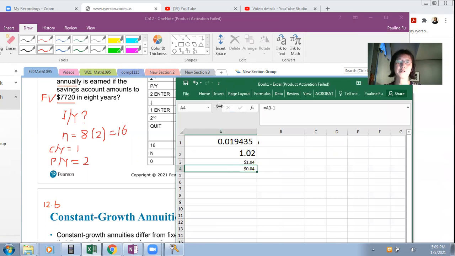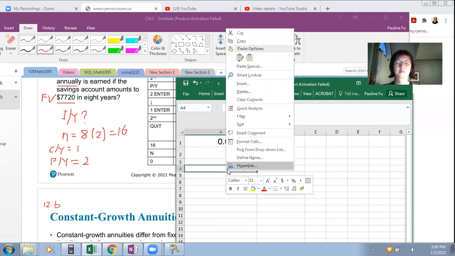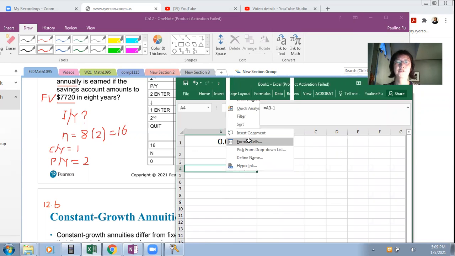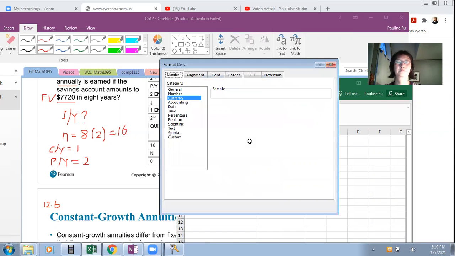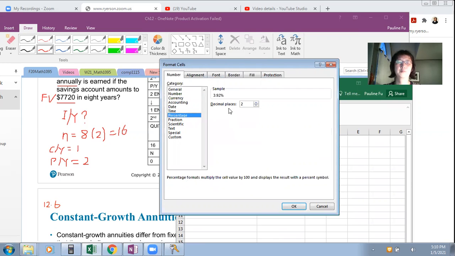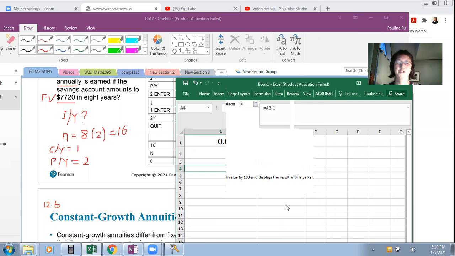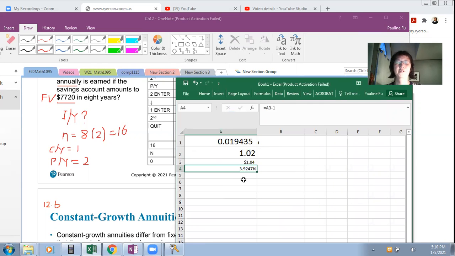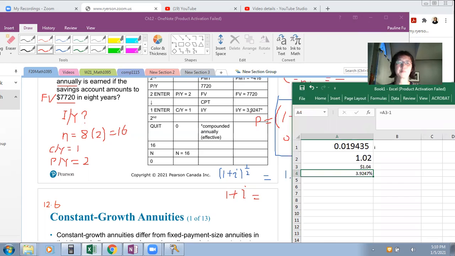If I increase decimal places, format cells, if I say it is percentage, four decimal places, so I get 6.9247%, exactly the same number I get from the calculator.